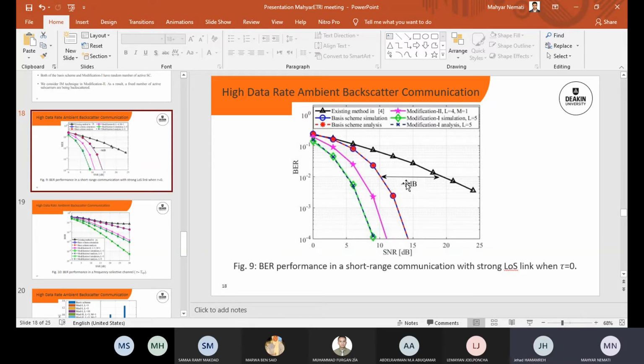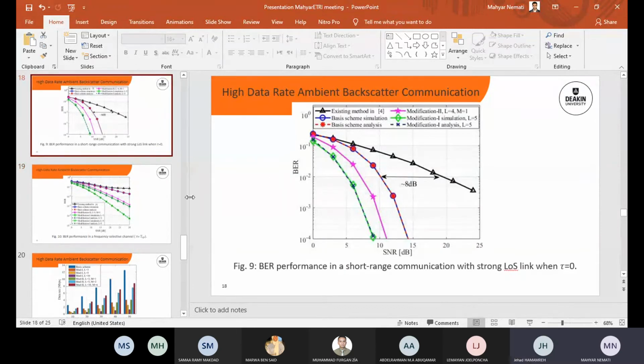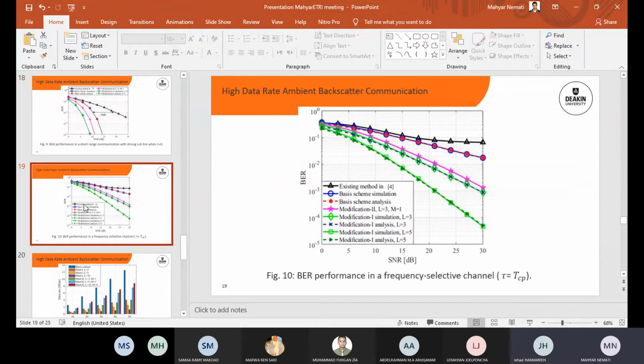And if we send fewer bits over more subcarriers, for example 1 bit over a block of subcarriers, again we can have a better SNR gain. The previous one was for the AWGN channel, and the third figure is for the Rayleigh fading channel.